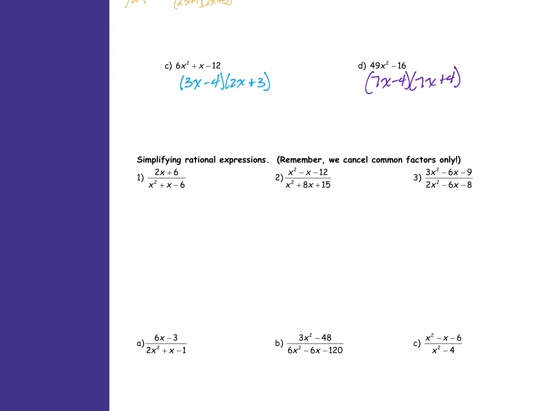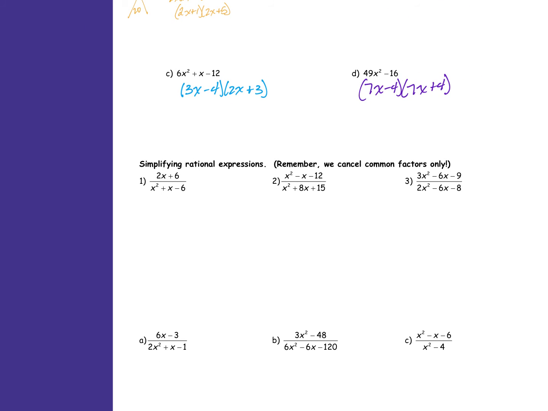So now we're going to take those factoring skills and simplify rational expressions. Remember, we cancel common factors only. The first thing we do to simplify is factor.